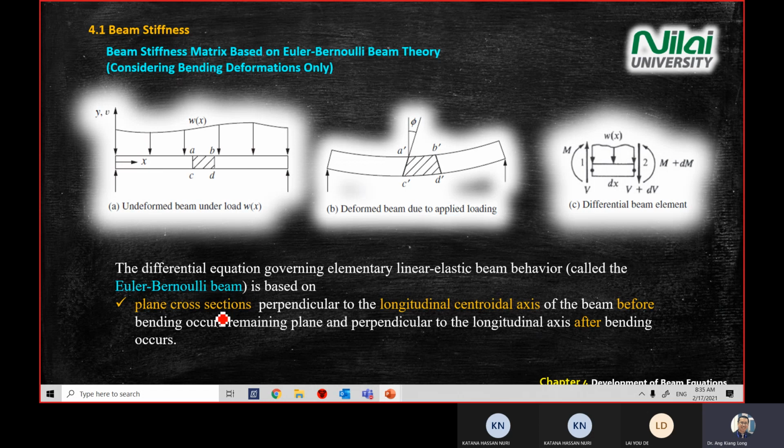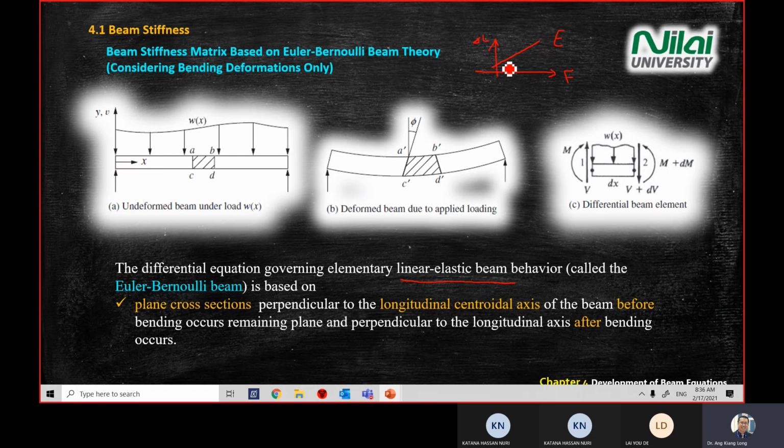I think this one you can read from the slides here. The Euler-Bernoulli beam, we're looking at the linear elastic beam. A linear elastic beam means it agrees with Hooke's law: when you pull the beam, the elongation delta L will follow a linear equation of your loading. So it will agree with the modulus of Young limit.